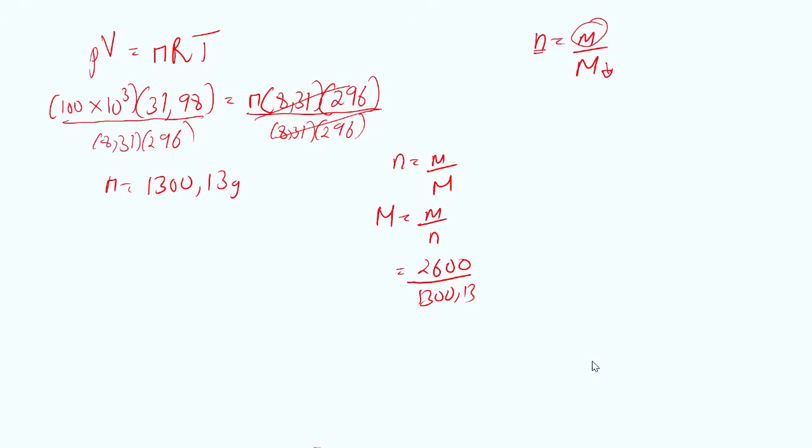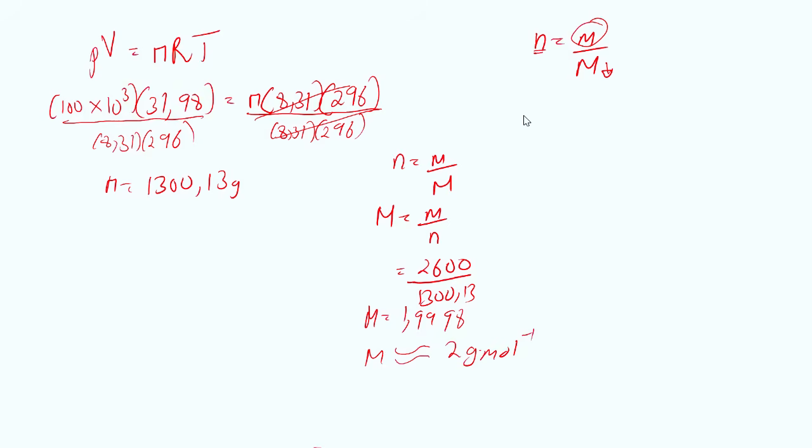We have 2,600 divided by 1,003.13. This gives us the molar mass is 1.9998, which is just approximately 2 grams per mole, right? So we can just round it off to 2 grams per mole.